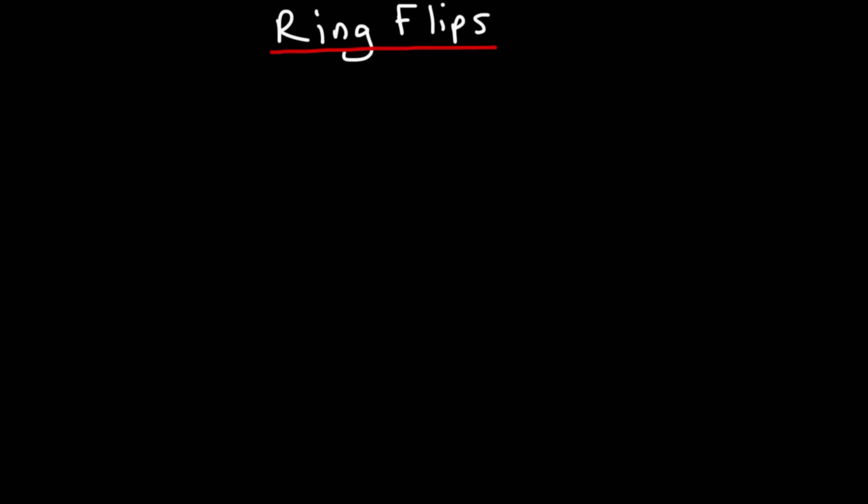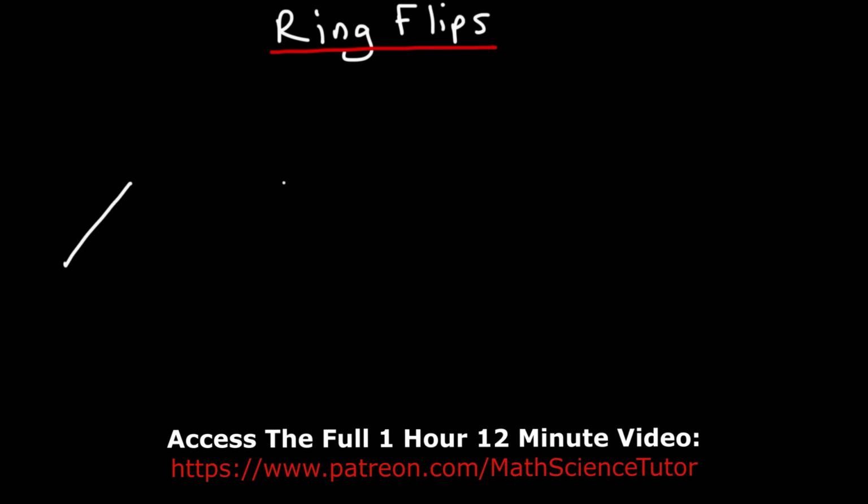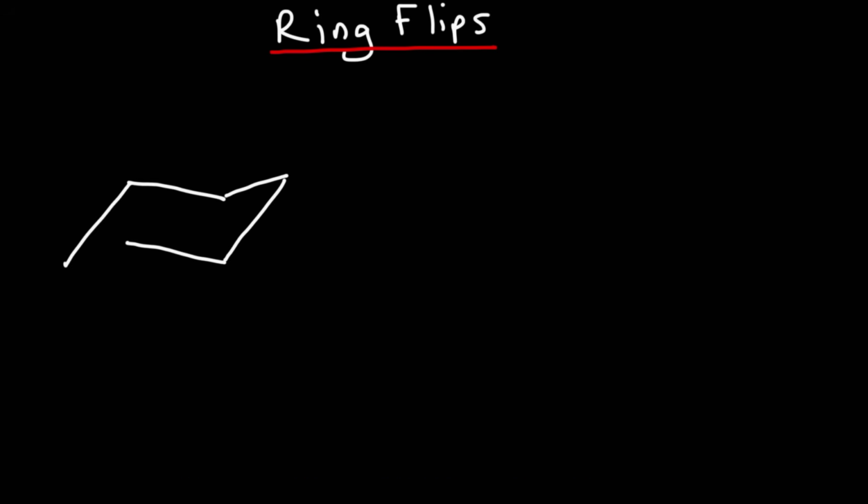Now let's focus on ring flips. Let's talk about how we can draw a ring flip. So let's begin by drawing the chair conformation of cyclohexane. And let's say we have a methyl group on carbon 1. So let's number this.